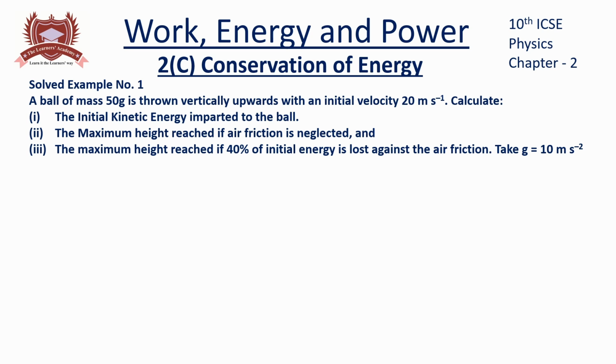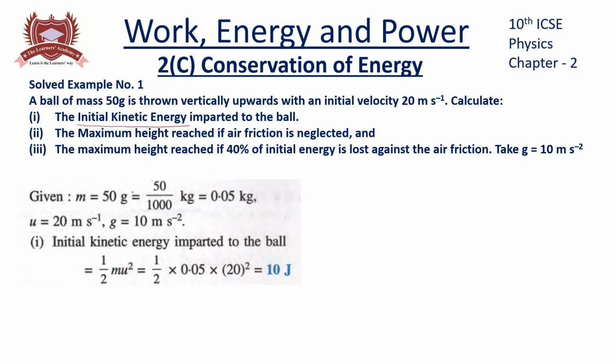So first we have to find the initial kinetic energy of the ball. The mass of the ball is 50 grams. Now here they've done a pretty complicated thing for us: the velocity is given in meters per second, which is the SI unit, and the mass is given in grams, which is the CGS unit.